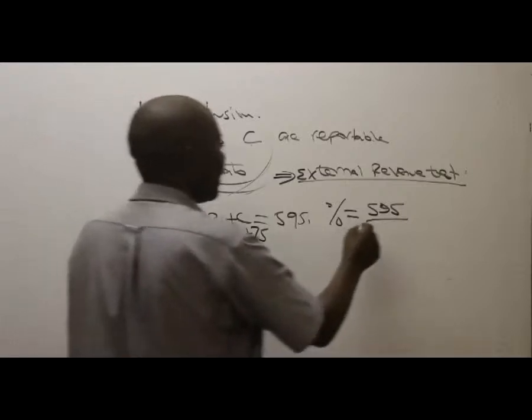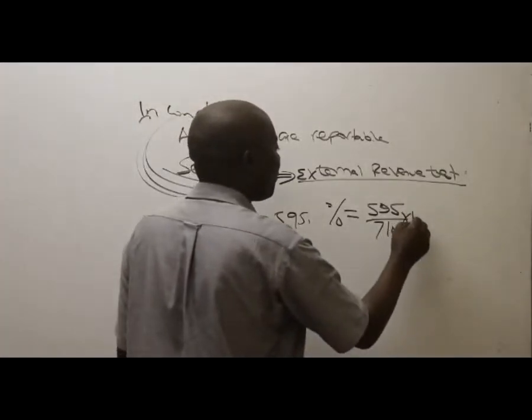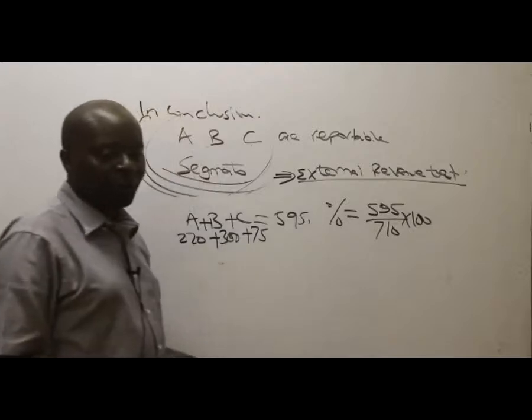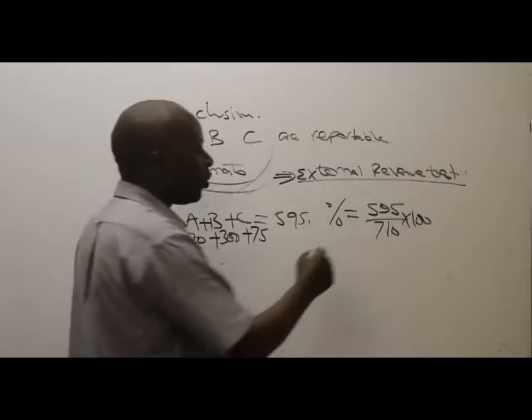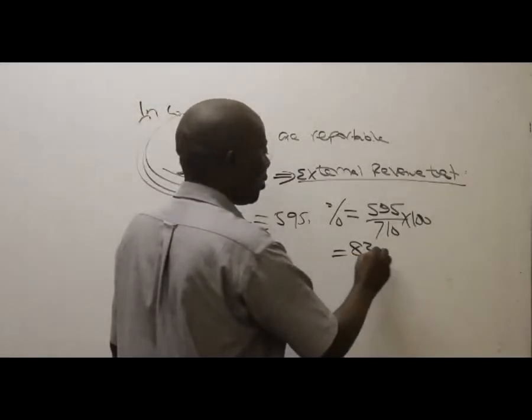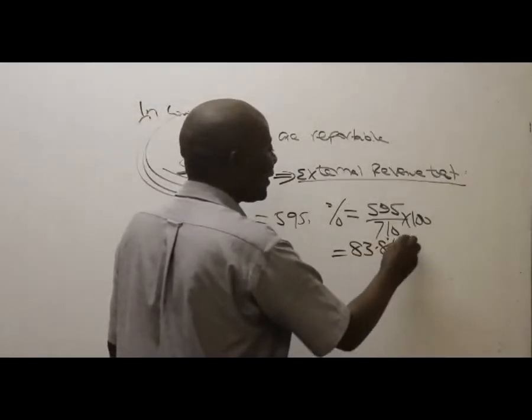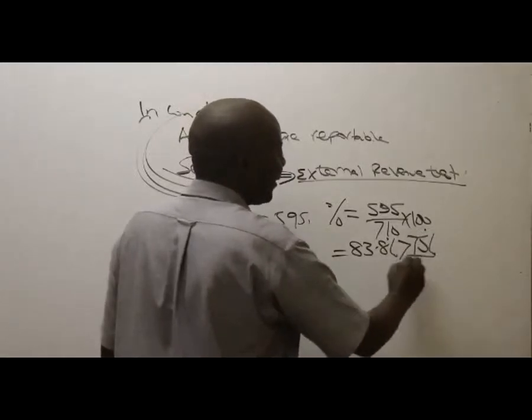So in this case, A, B, and C are able to cover what percentage? 83.80%. And remember, our threshold is 75% for this.